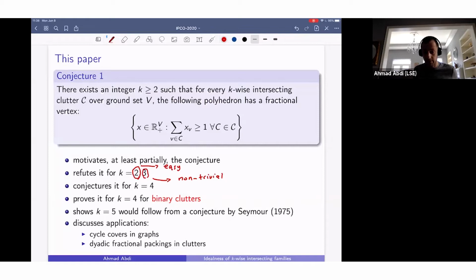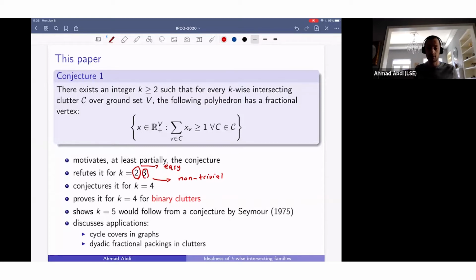We prove it for k equals 4 for a special class of clutters called binary clutters. These are clutters that come from binary matroids, and I'll explain that. The paper shows that the k equals 5 case follows from a very old conjecture of Seymour. It was in fact unpublished from 1975.